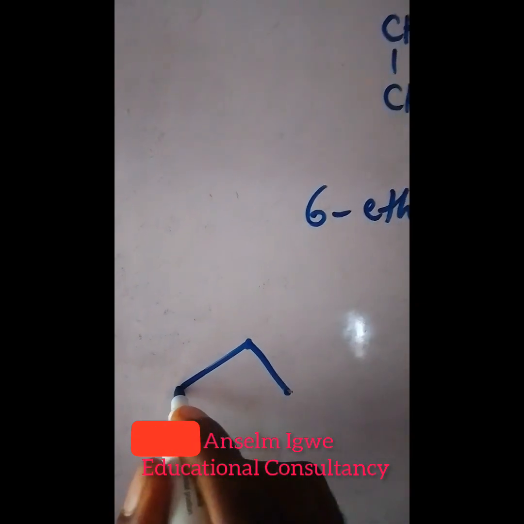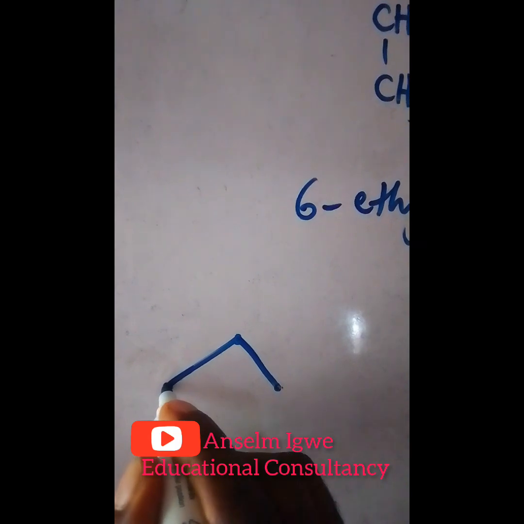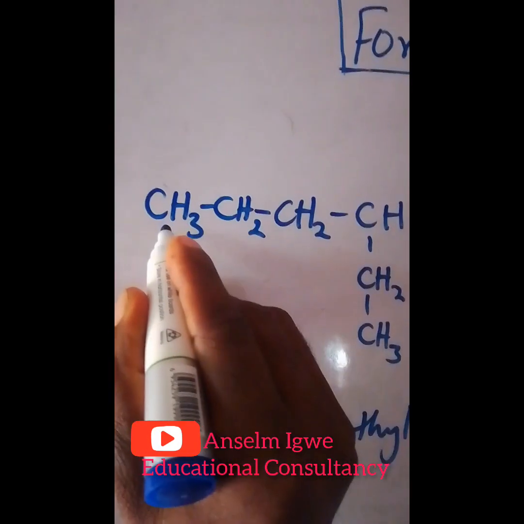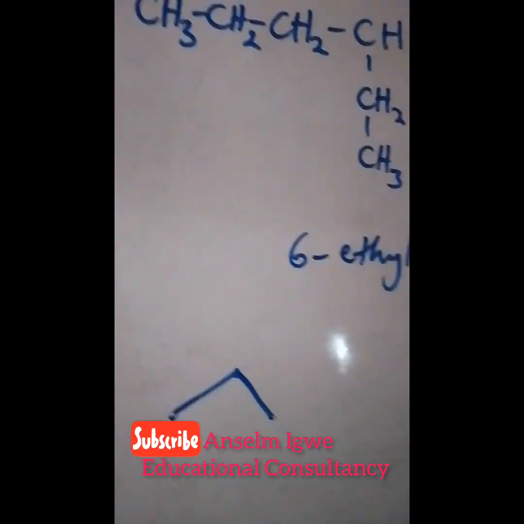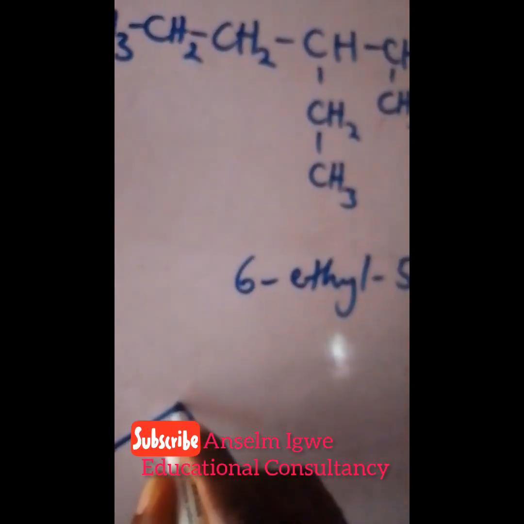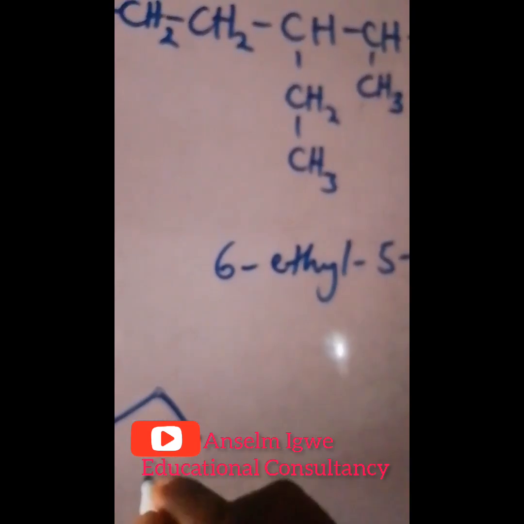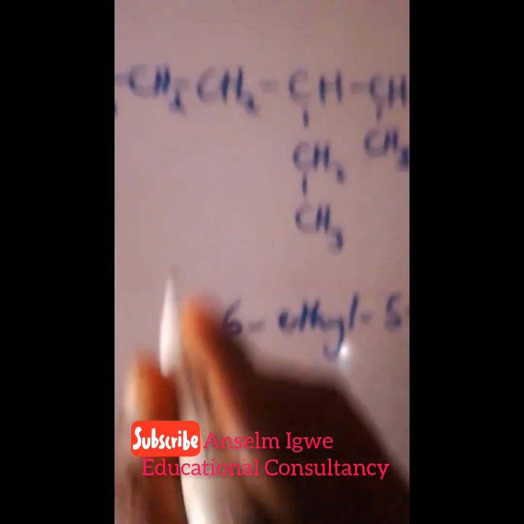So therefore, this point with a bond shows a methyl group, that is CH3. Then the second carbon with 2 bonds shows that there are 2 hidden bonds that are linked to hydrogen. That is why we have CH2 here. Then we continue. The next is CH2.